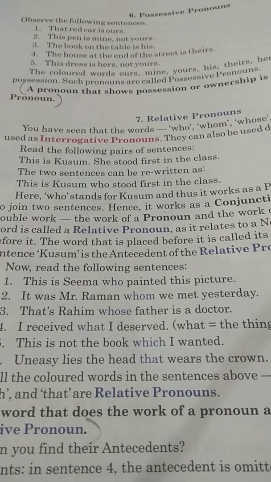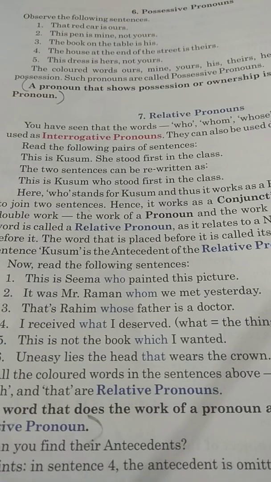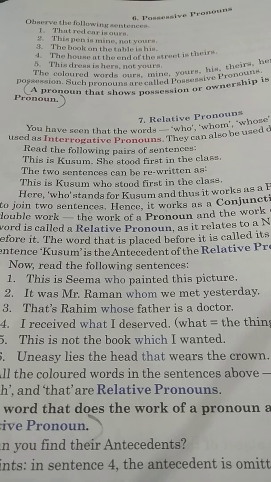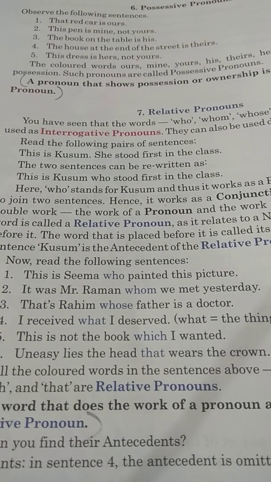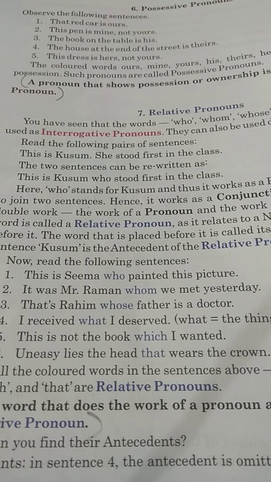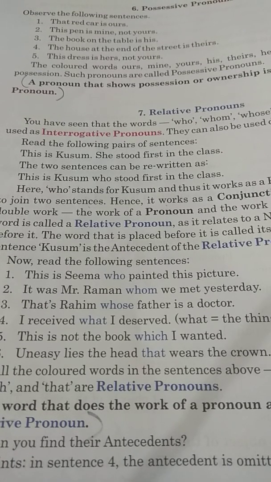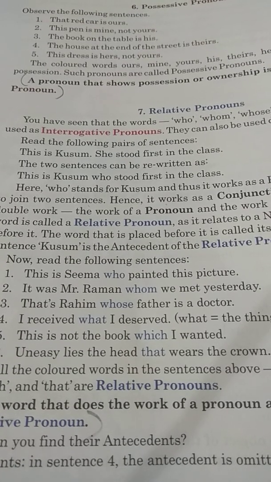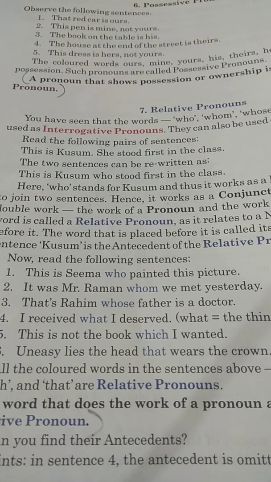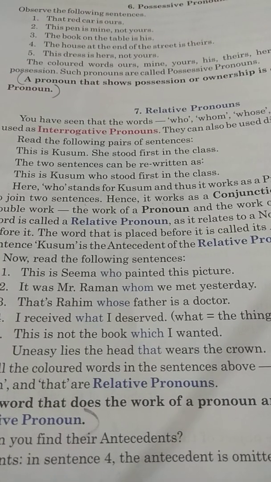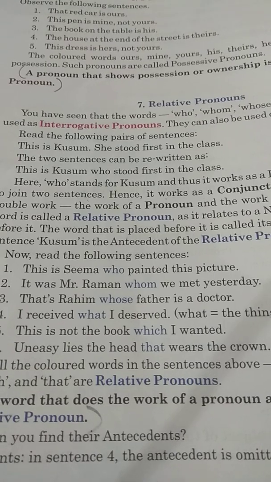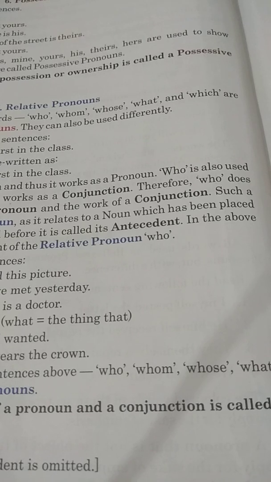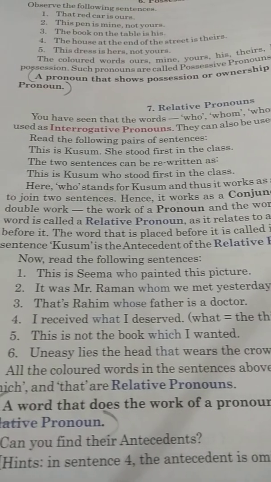Then after that, possessive pronouns. Observe the following sentences. That red car is ours. The pen is mine, not yours. The book on the table is his. The house at the end of the street is theirs. This dress is hers, not yours. So the words ours, mine, yours, his, theirs, hers are used to show possession.